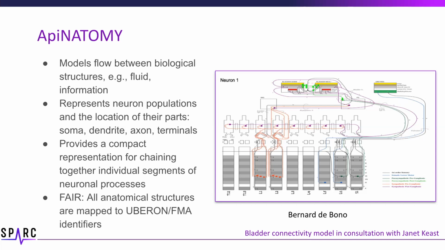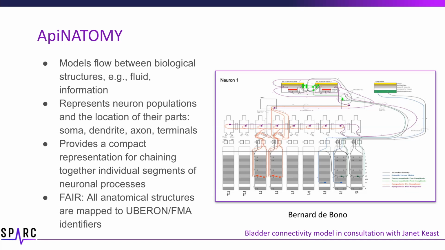The flow between biological structures can represent a fluid such as lymph, blood, or cerebrospinal fluid, but it can also represent information, which of course is what we are concerned about in the central nervous system. It allows us to represent neuron populations and the location of their parts.